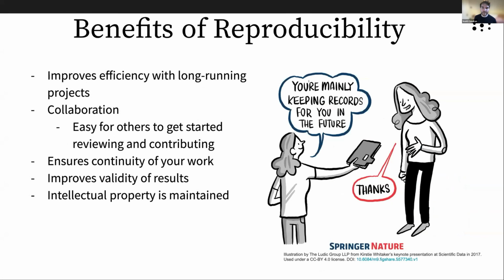The benefits of reproducibility are many, and I hope greater than the cost of, or the barriers to reproducibility. The first one, and I think this encapsulates everything, is that it improves efficiency for long-running projects.